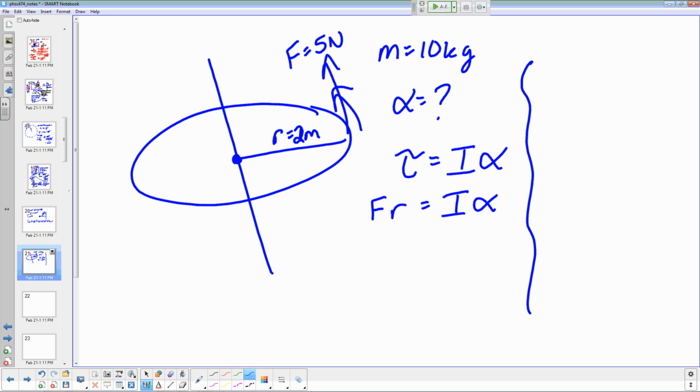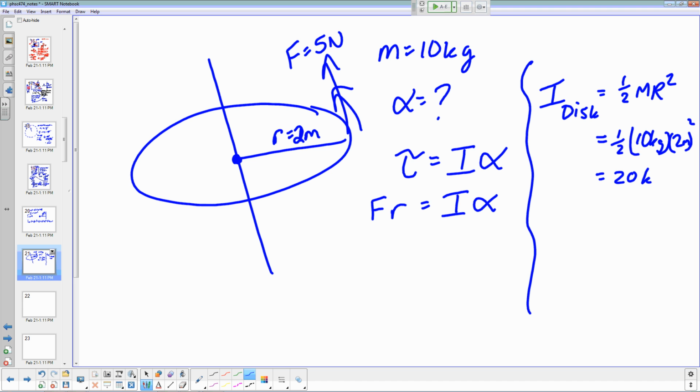I'm going to tell you that the moment of inertia for a disk is 1/2 mr squared, 1/2 times the mass times the radius squared. So that's 20 kilogram meters squared. That's the moment of inertia of a disk. And now I want to find alpha. It's going to be FR over I.